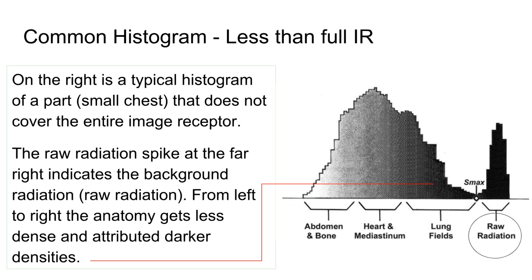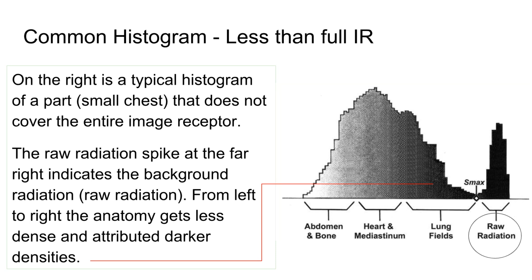So the idea is it captures this and says, oh no, that's information that I don't want to pass on to the rest of the reconstruction process. I'm going to set my S max at the point where I have the darkest, grayest pixel, but still represents anatomy and not just pure raw radiation. And I'll do that on the left side when I set my S minimum, which is not pictured on this image.